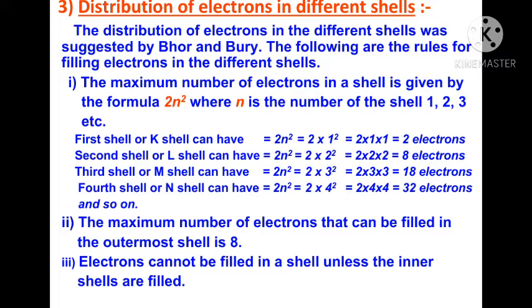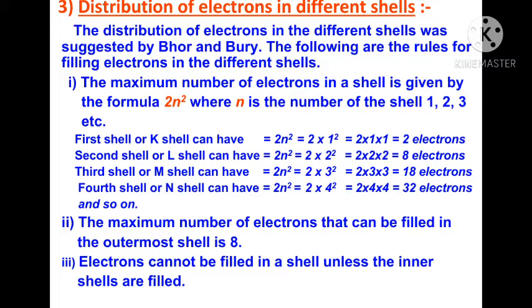The maximum number of electrons present in a shell is given by the formula 2n squared, where n is the orbit number or energy level index 1, 2, 3. Hence, the maximum number of electrons in different shells are as follows.